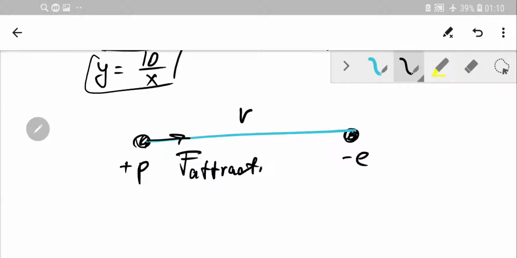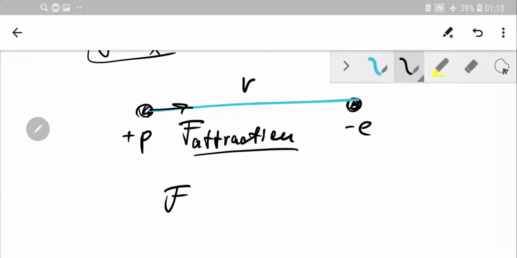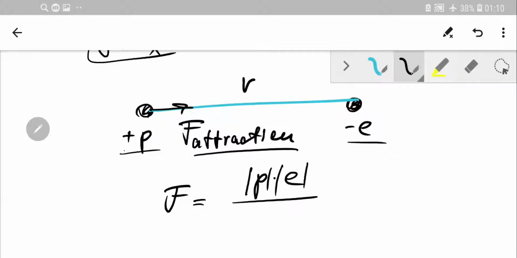You probably know that from GCSE physics topics. So this Coulomb force of attraction between positive and negative charges is proportional to the product of P times E, that means the product of their charges for two particles, taken in absolute values, and inversely proportional to the square of the distance, and k is the coefficient of proportionality.